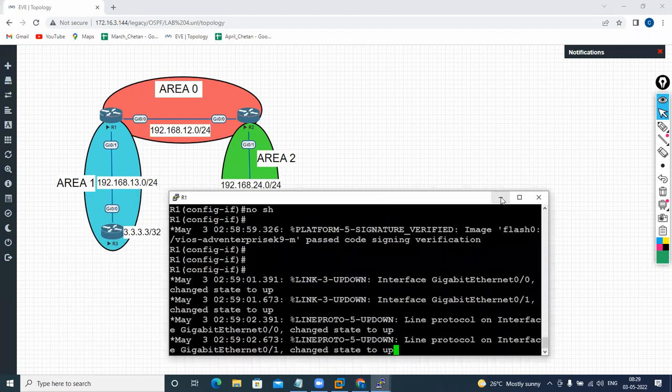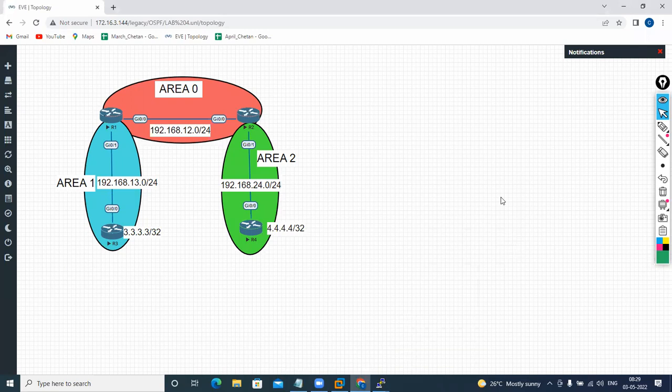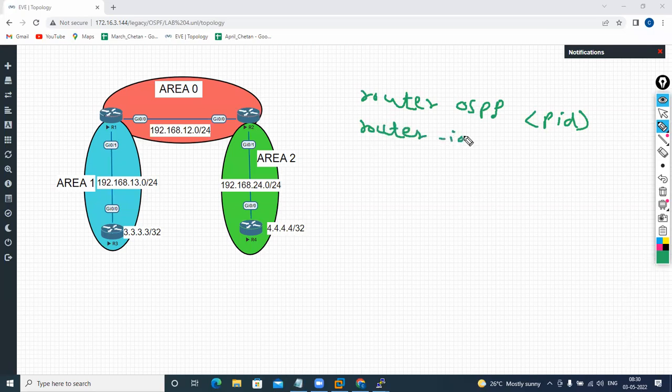So how to enable OSPF? Go to router OSPF, process ID, then router ID, then network, IP, wildcard mask, area, and the area ID.